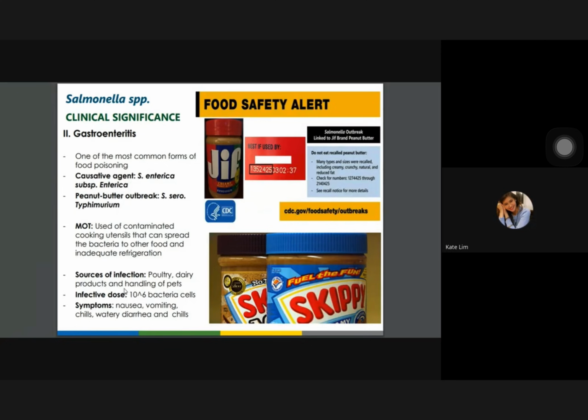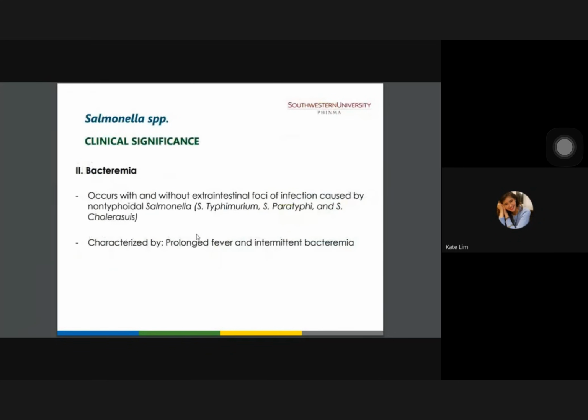There's also an issue about Skippy, but it was later on settled. I have posted a picture of CDC. Why CDC? Because they are our superheroes. They are the ones who monitor food safety and some outbreaks. So CDC could help us in preventing these kinds of infections.